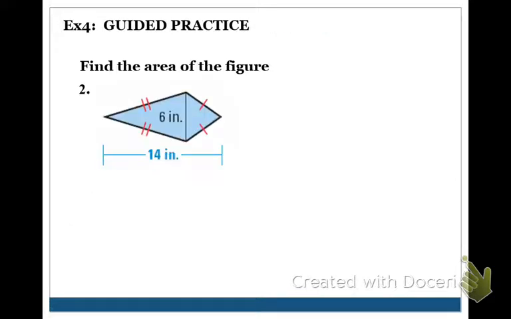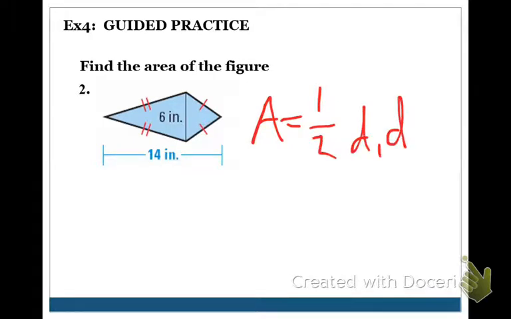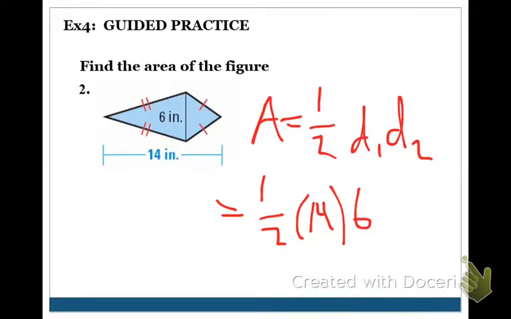What formula did I use here, Jacob? Area equals 1/2 D1 times D2. Yeah, D1 times D2. What do I plug in for D1? 14. D2? 6. So we've got 7 times 6. That's 42 inches squared.